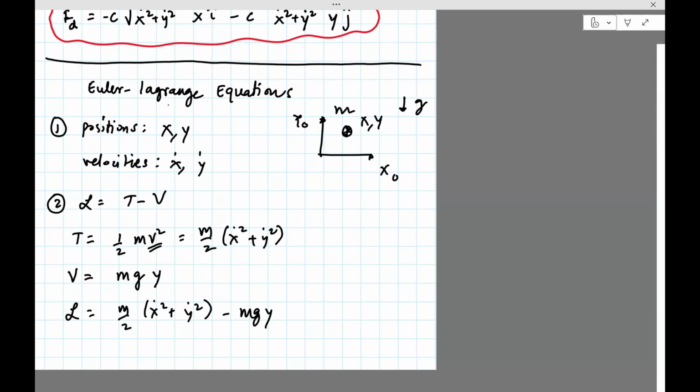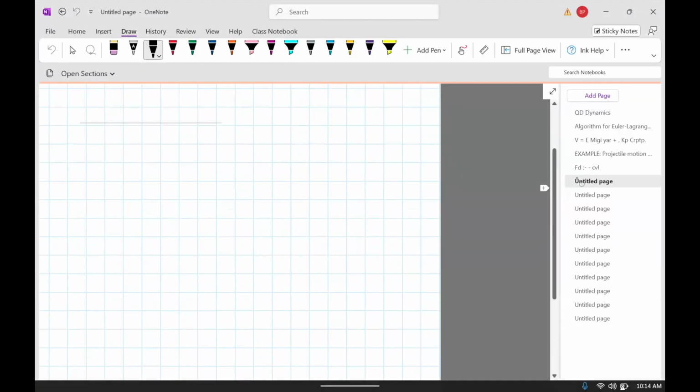Okay, now we have done step 2, which is to calculate the Lagrangian. Now let's go to writing the equations of motion. This might be a little new to you. That is, how do you write equations from the Euler-Lagrange equation? I'm going to write the equation first, and then I'll show you how to derive the equations from this L. So if we have L, how do we write the equations?